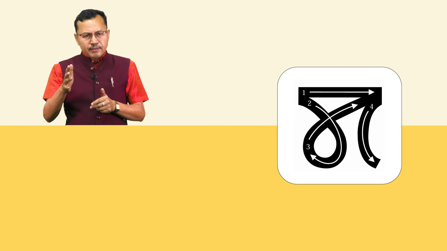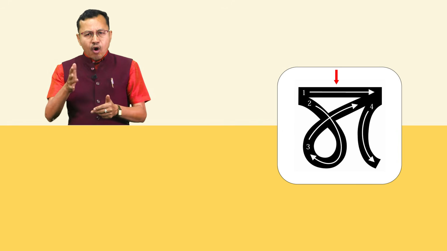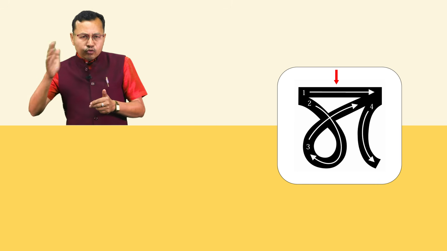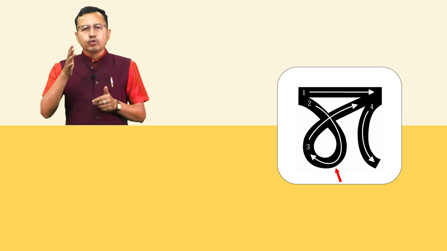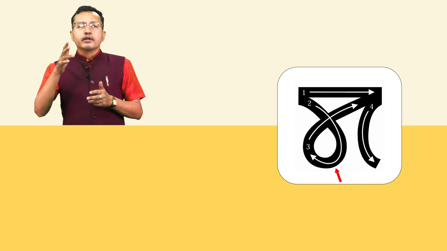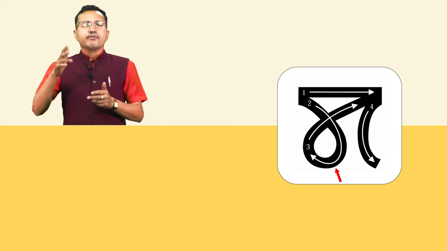To write Dil, begin with stroke 1, a straight horizontal line drawn from left to right at the top. From the left end of this line, draw stroke 2, a smooth downward curve bending gently to the left without lifting the pen.